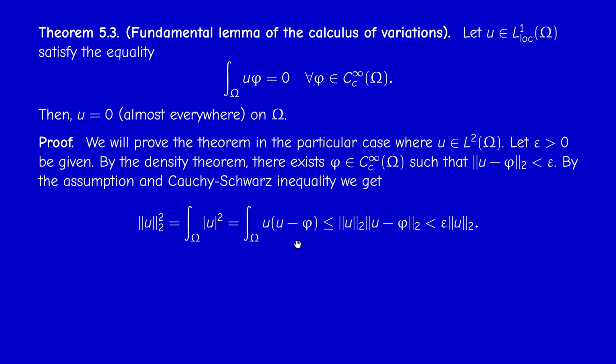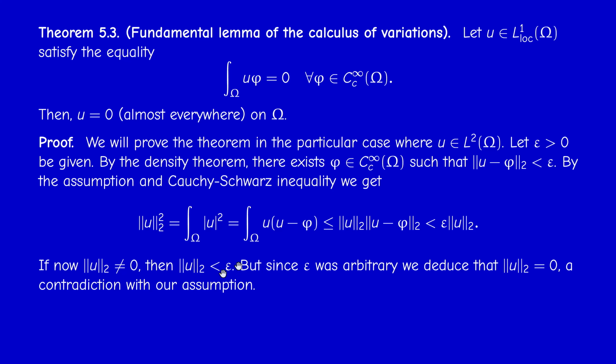If I apply the Cauchy-Schwarz inequality, I see that this integral is less than the norm 2 of u times the norm 2 of u minus phi, and this is less than epsilon times the norm 2 of u. Now, if the norm 2 of u was not 0, then the norm 2 of u would be less than epsilon. But this is true for every epsilon, so we deduce that the norm 2 is 0. This is a contradiction. Therefore, we must conclude that the norm 2 of u is 0. But if the norm 2 is 0, then u is 0 almost everywhere. And that's it.